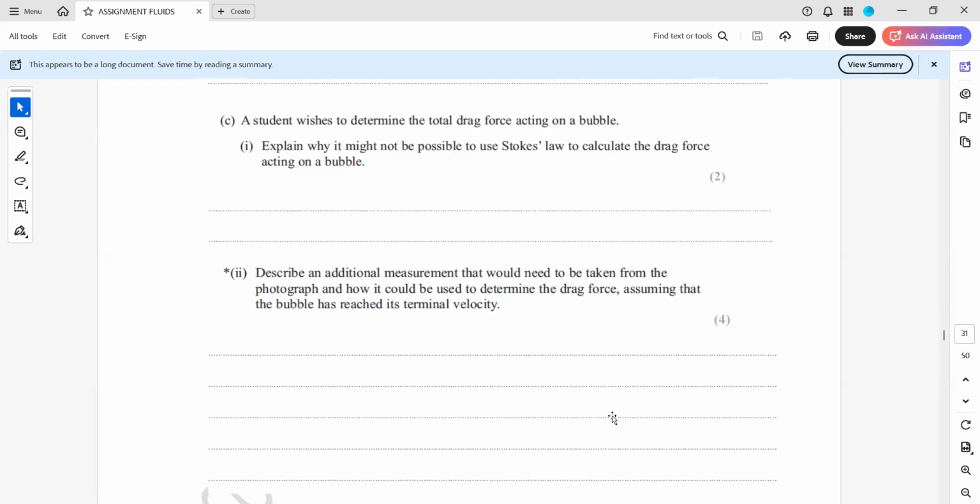But as you can see here, the spheres are large, and they are not perfect spheres. The bubbles are changing size. So the bubble is large, or the fluid flow is not laminar around the bubble, or the bubble is not perfectly spherical. That's why we cannot apply Stokes law, because Stokes law is only applicable when the object is spherical and the fluid flow around the object is laminar.